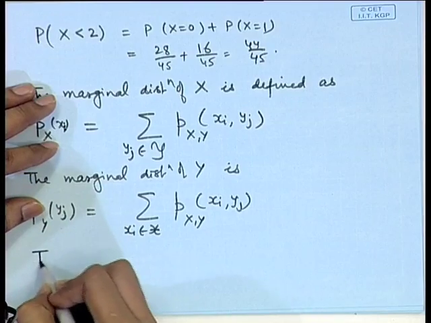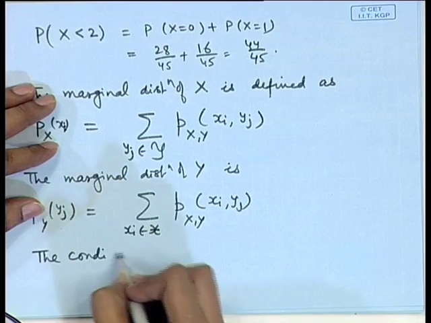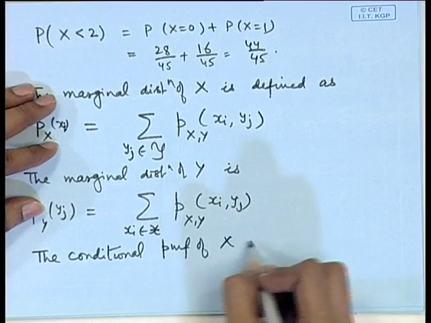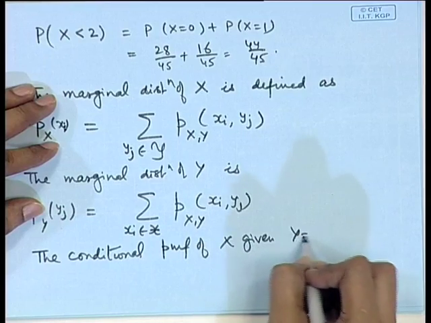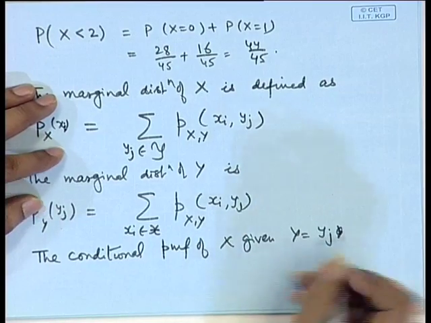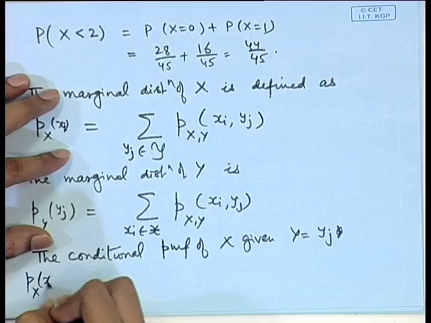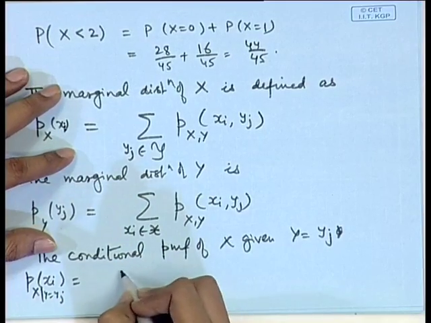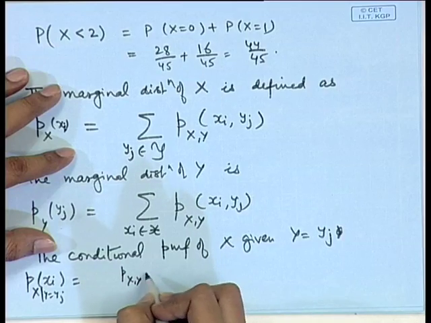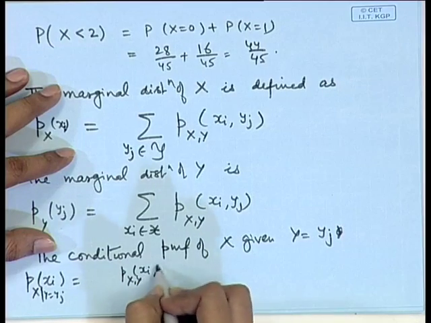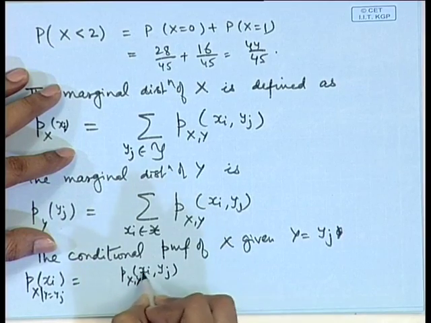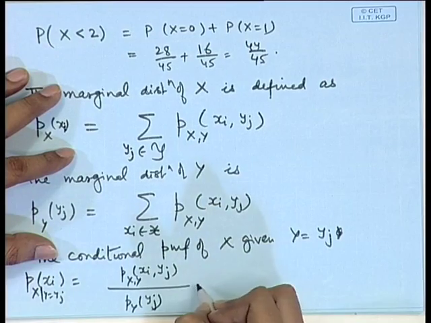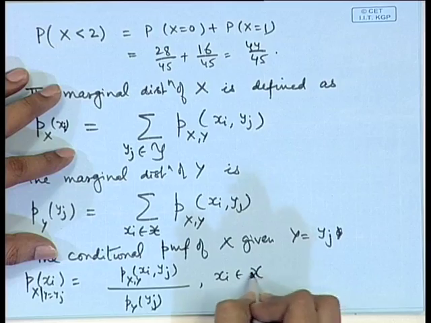So, we may define the conditional probability mass function of x given a value, say y is equal to y_j. This is given by the joint distribution of x and y at (x_i, y_j) divided by the marginal of y_j, where x_i varies over x.